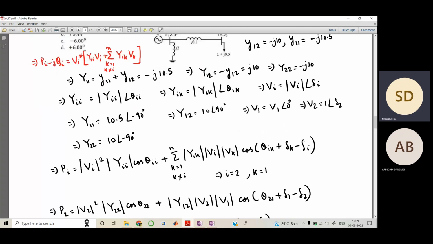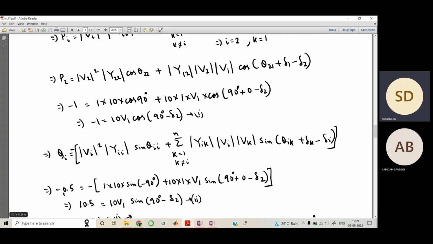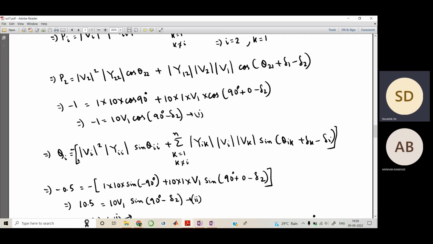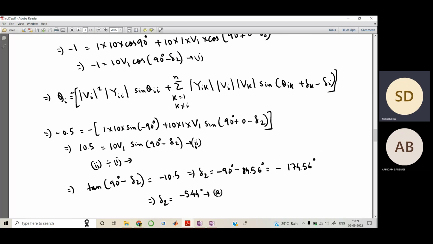So that is why this minus jQi term is written over here. And again this minus 0.5, because this is a load bus. So this is how these two minus symbols have come. This minus minus gets cancelled, and when you do this, this is finally your second equation.